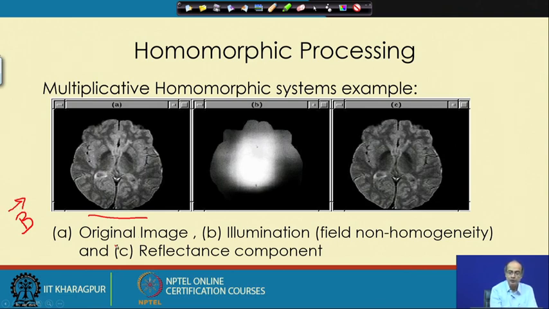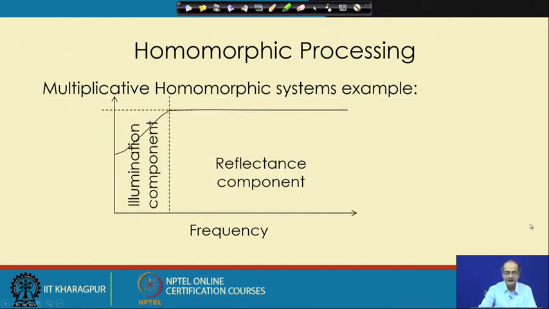Because of the inhomogeneity, if we look at the map of it, we see a huge inhomogeneity in this case. Because of this, the inside part becomes brighter and the outside part darker. If we use homomorphic processing, we can separate them out. How is that possible?